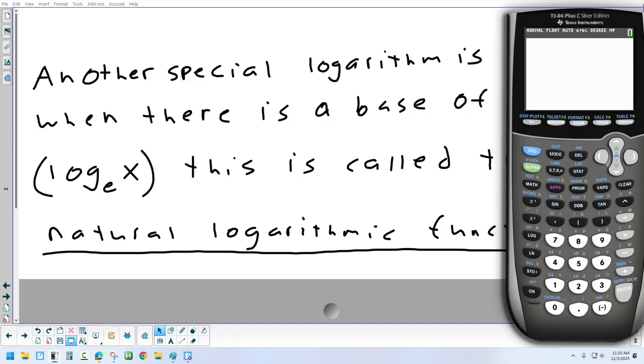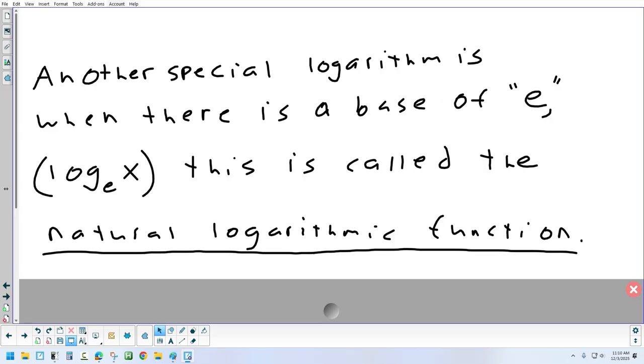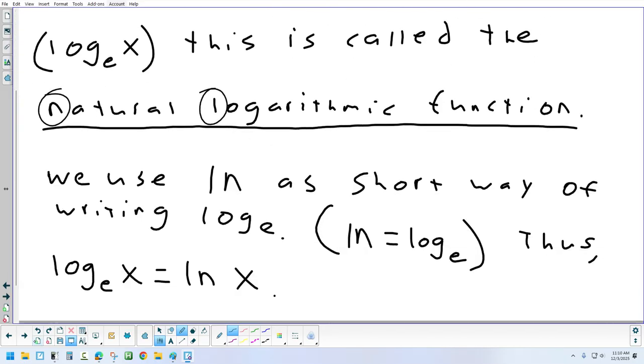Right below the log, there's another button, and it says capital L, capital N. L, N. It's an abbreviation. So you generally will not see something like log base e. You're going to see an abbreviation. The abbreviation for log base e is LN.